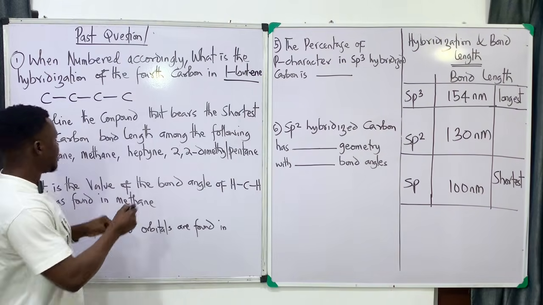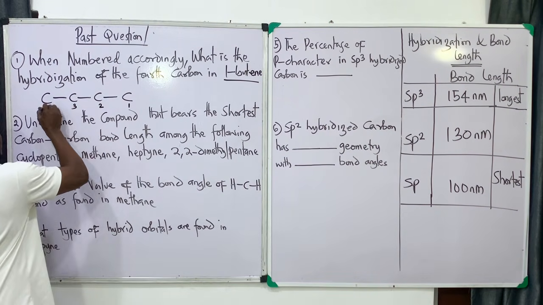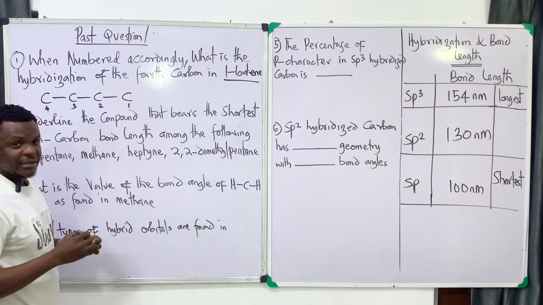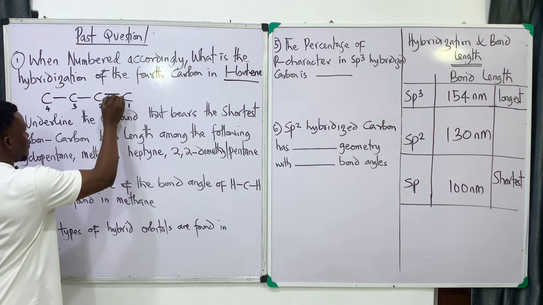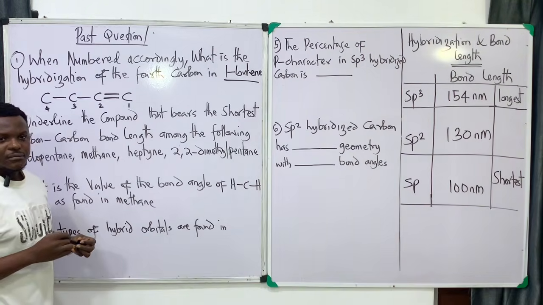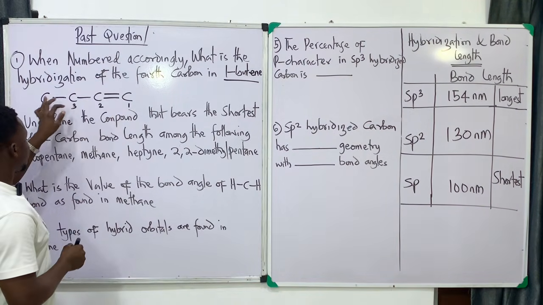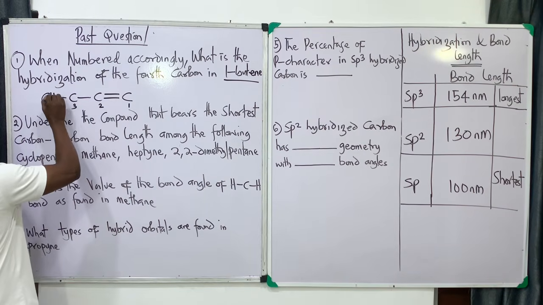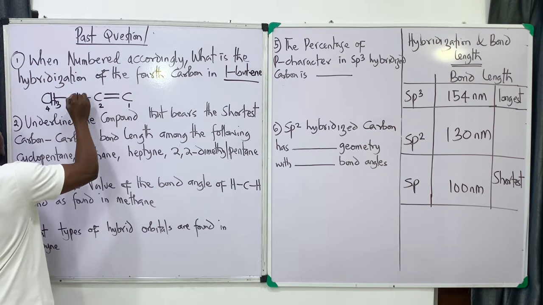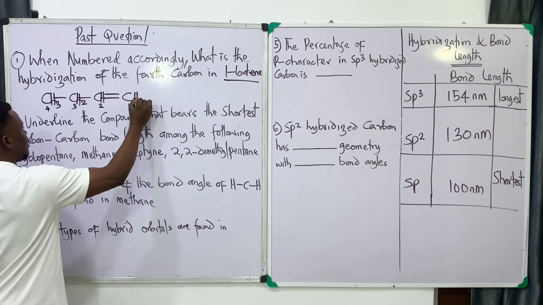So you start numbering this: 1, 2, 3, and 4. Position 1 has the double bond, so you put it here. Then you add your hydrogens: the CH3, the CH2, the CH, and the CH2.